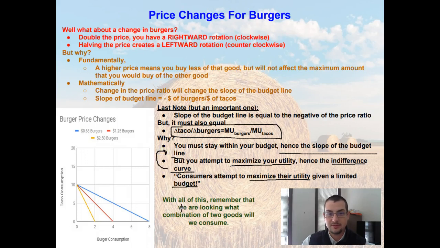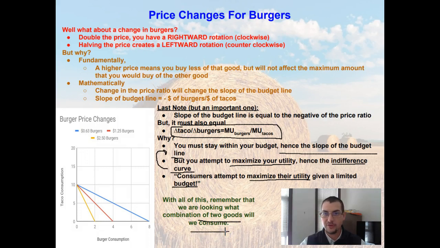That is going to be discussed a little bit more as we tie the indifference curve and the budget line together, but just know that they need to work together because consumers are trying to maximize their utility, the indifference curve, given a limited budget, that budget line. But remember, with all of this, we're looking at what combination of two goods we are willing to consume.